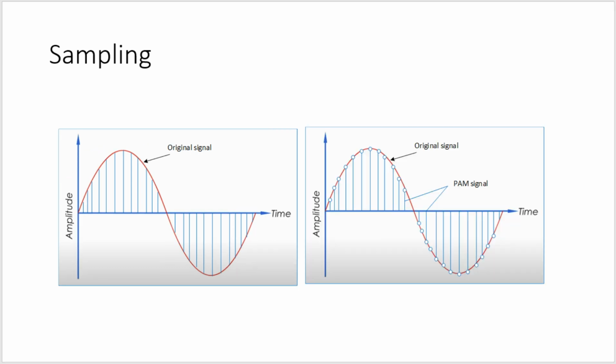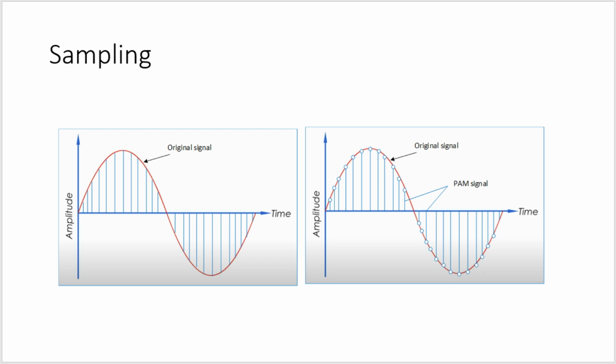The vertical blue lines are samples. Samples are basically discrete values of amplitude taken at regular intervals over time. That's why the process of sampling is called PAM, pulse amplitude modulation.